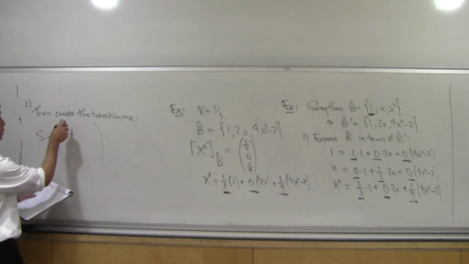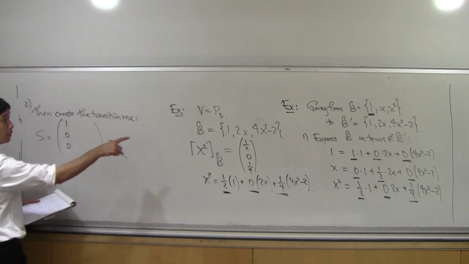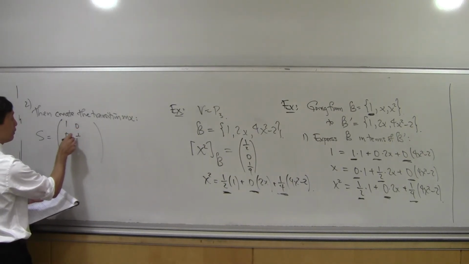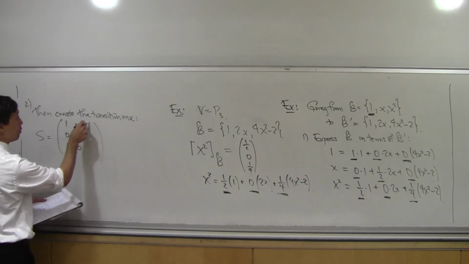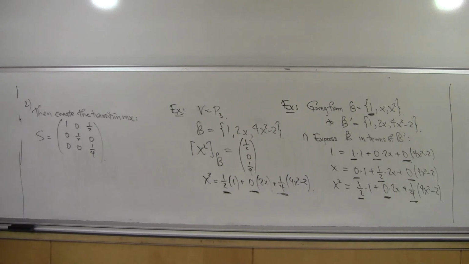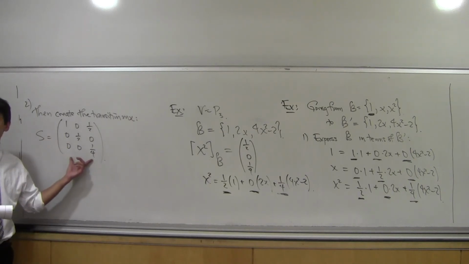So you take the transpose of those entries that I underlined: 1, 0, 1/2, 0, 1/2, 0, 0, 0, 1/4.